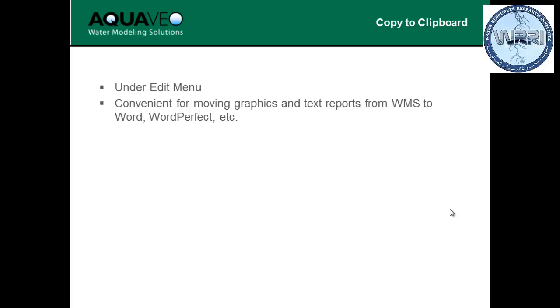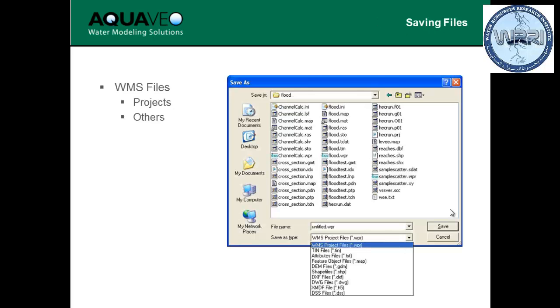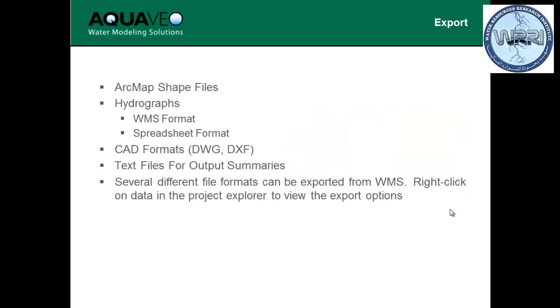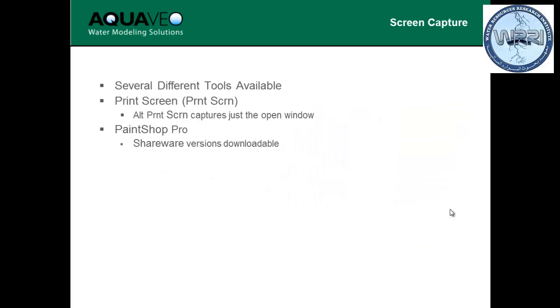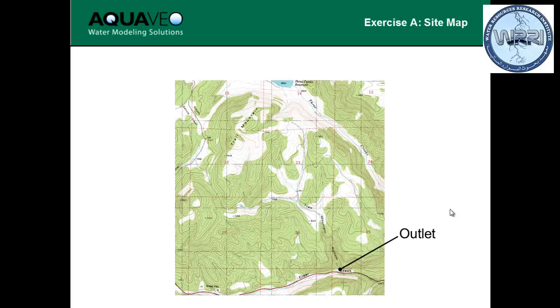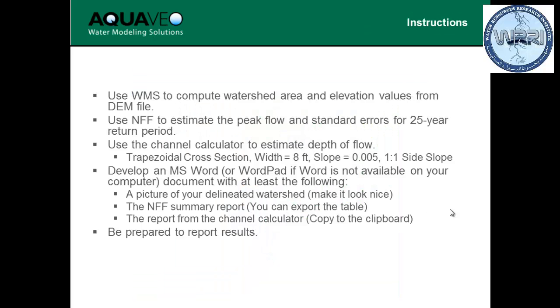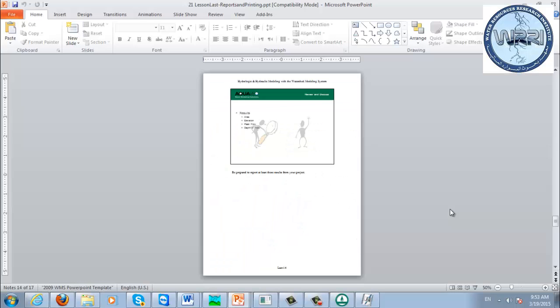We recommend that people just copy and paste into other documents like a Word document, and you just print out the Word document rather than printing from WMS. There's a copy to clipboard command. You can save different file formats, we've already talked about that. You can export different files. You can do a screen capture. And so there are a lot of different options to save files.